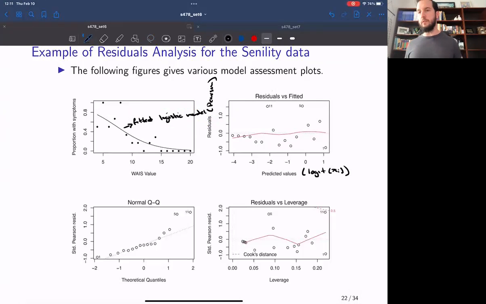So that's the Pearson residual versus the logit, which is why the scale is so low. And then you can see here that this basically looks like a random scatter of points, which is what you would expect to see from this plot.